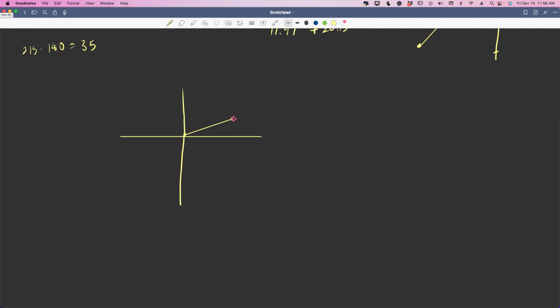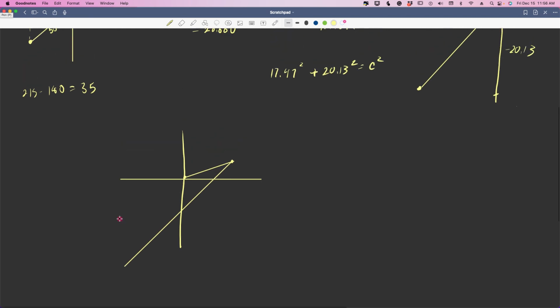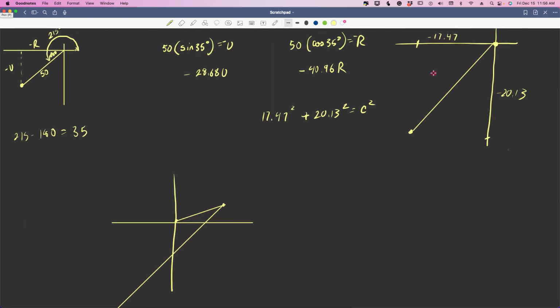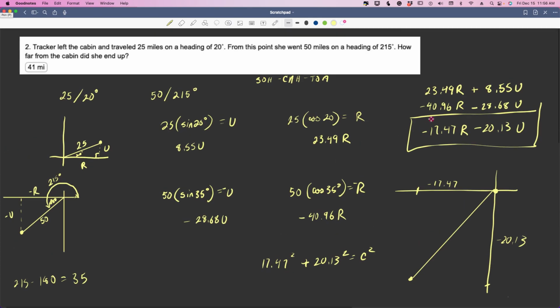So 50 miles, 215, if this is 90, 180, 215 will be about like this, and then she'd be over here somewhere, which is what that looks like on our coordinate system. So that's what we did. We combined those two in rectangular, which is the only way you can really do it. We combined those two into rectangular coordinates, and that is the information that we want to put in the system.